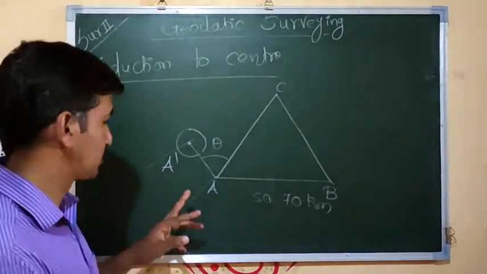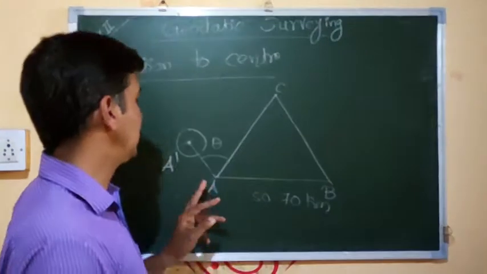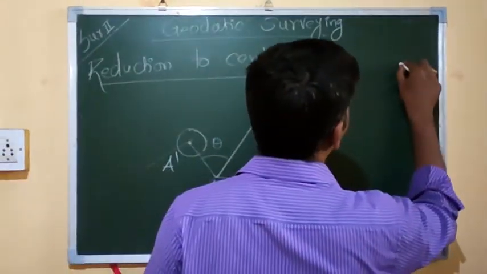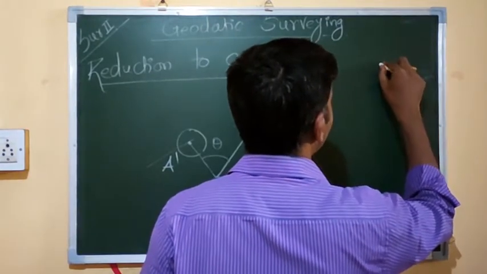Students, did you understand? So by using this A dash, I will draw a different triangle.